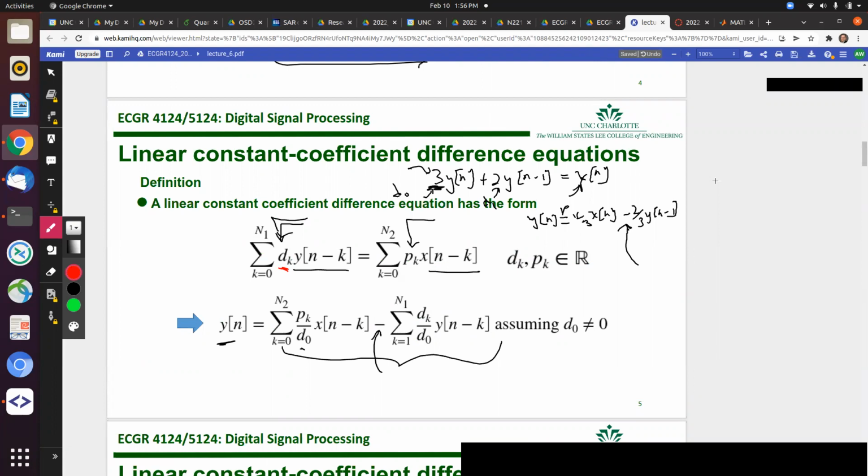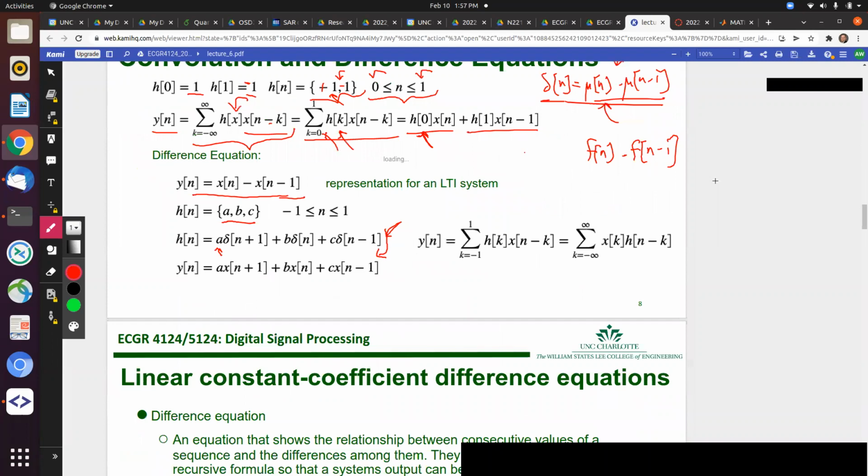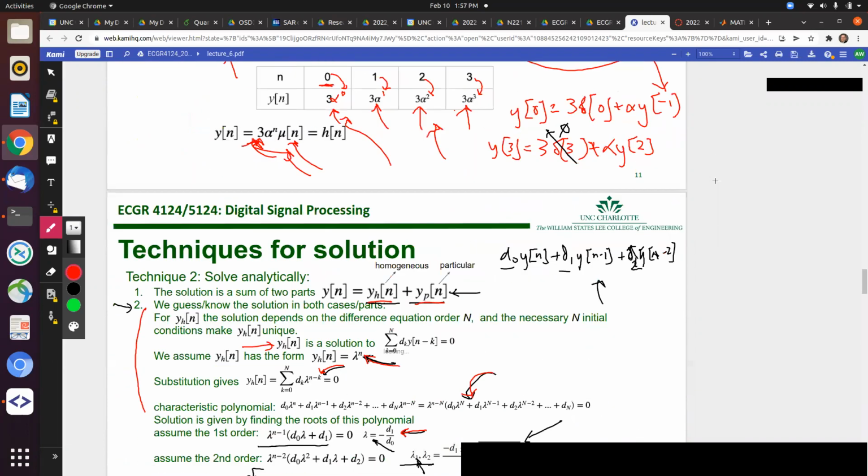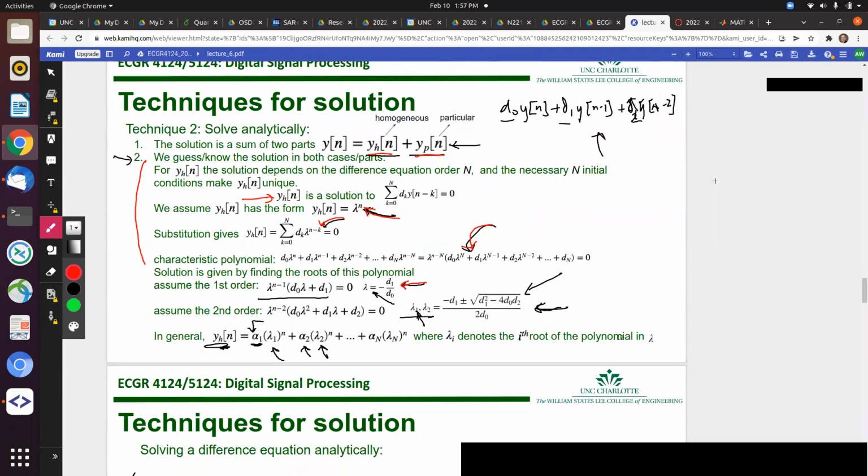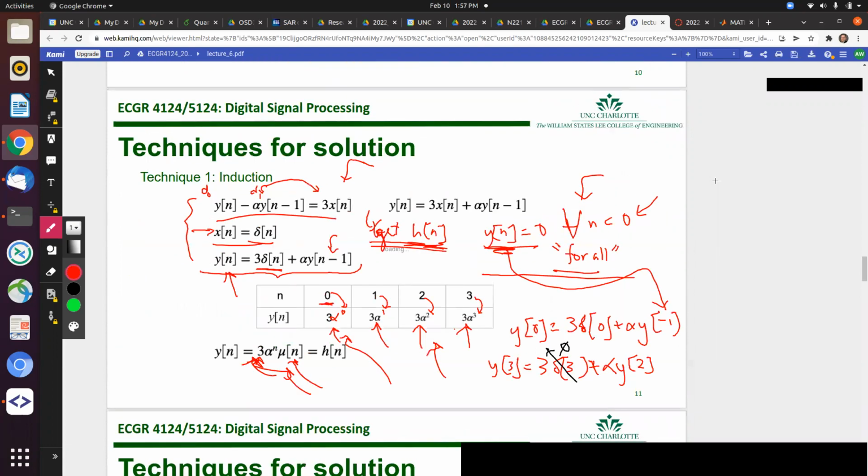They are the coefficients of the Y's from our definition. D0 would be the coefficient of Y of n minus 0, and D1 would be the coefficient of Y of n minus 1. So when I give you this equation, that's the ratio of minus D1 over D0.